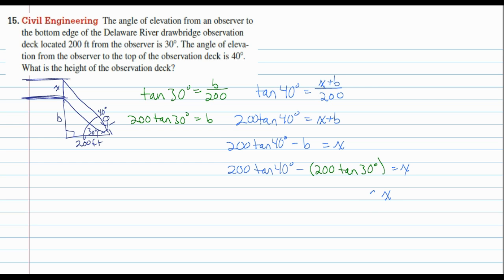When I plug that in my calculator, I get that x is about 52.35 feet. So the height of this observation deck is 52.35 feet.